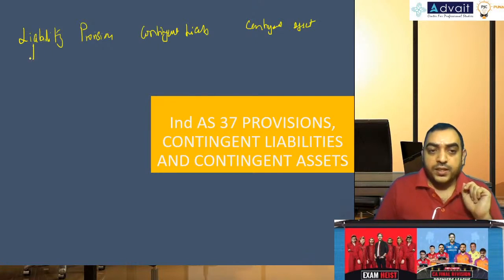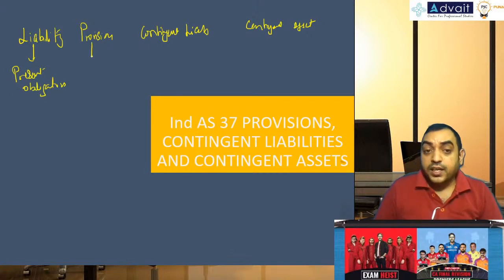Now liability means it's a present obligation as a result of a past event, having future economic benefit. Provision also means present obligation, but the amount is uncertain, so it requires an estimate.